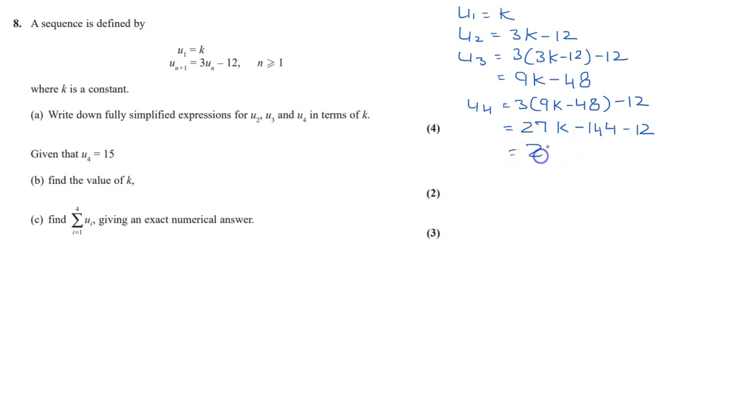So that will be 27k minus 156. So this is U1, U2, U3 and U4. This one is part A.